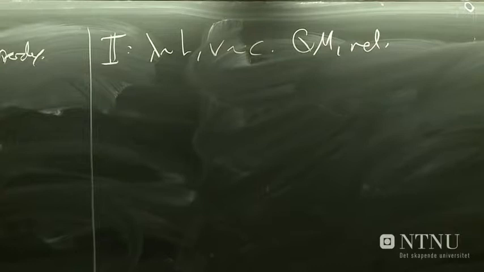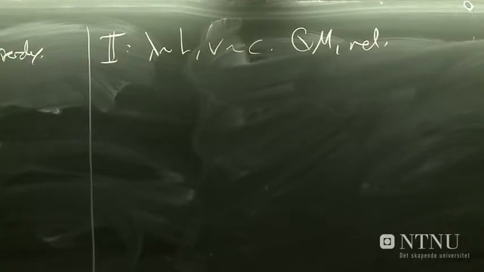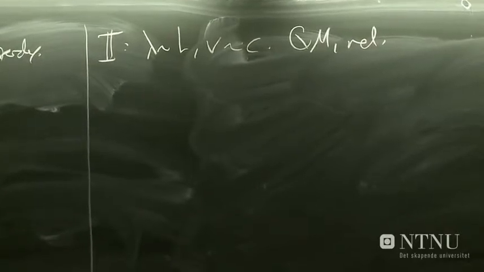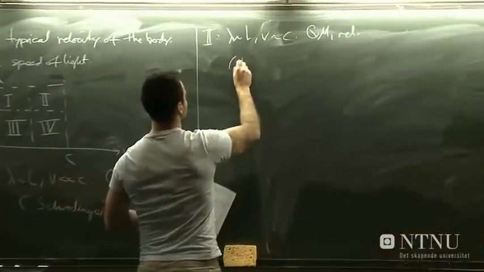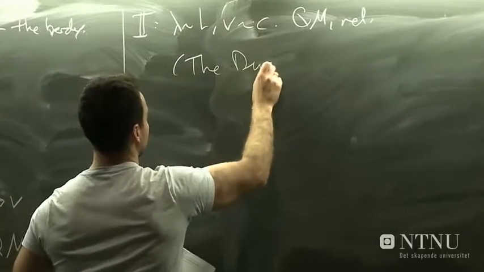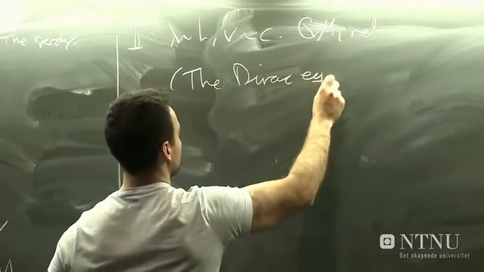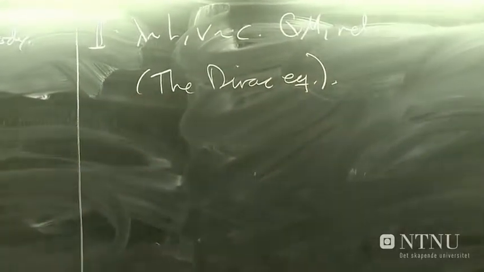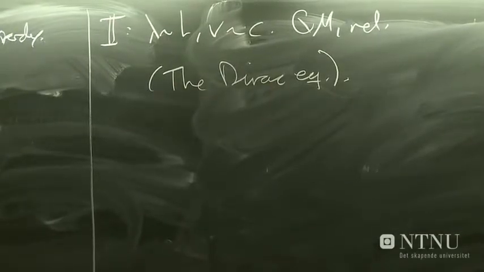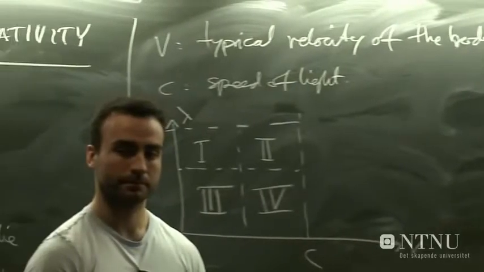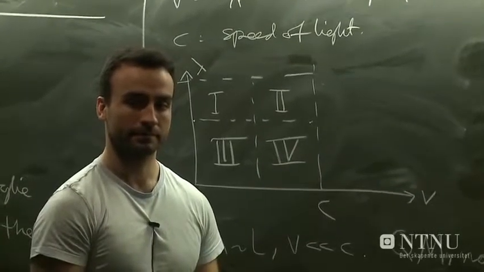Any idea of which master equation we should use here? The Dirac equation. Which you can expand in orders of, you can expand it to become a non-relativistic, yeah. Isn't the Dirac equation only for a spin-1/2 particle?